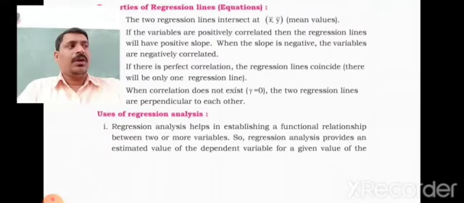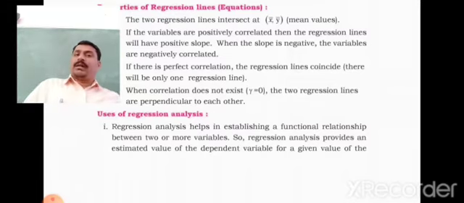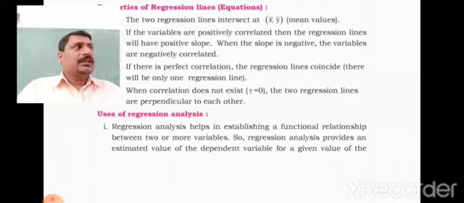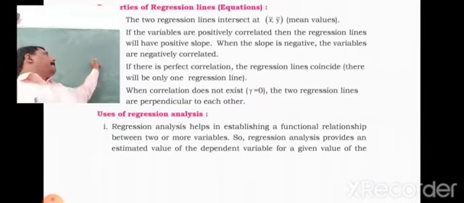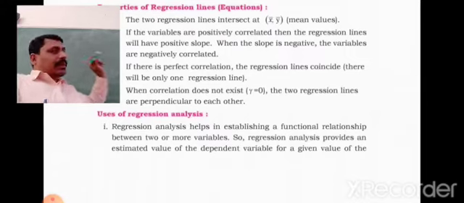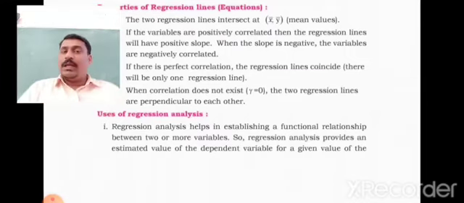When we draw regression lines in a graph, both will touch each other where the means of both variables exist. Suppose we draw a regression line of x on y, and this is y on x. Wherever they touch, we get y bar and x bar, the means of both variables.